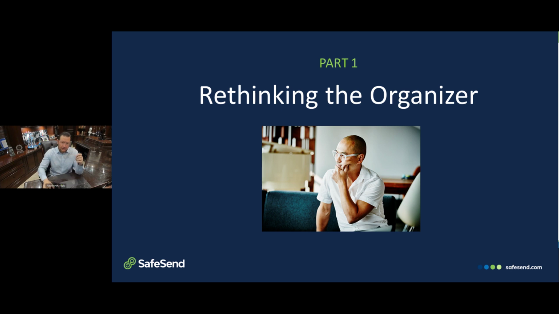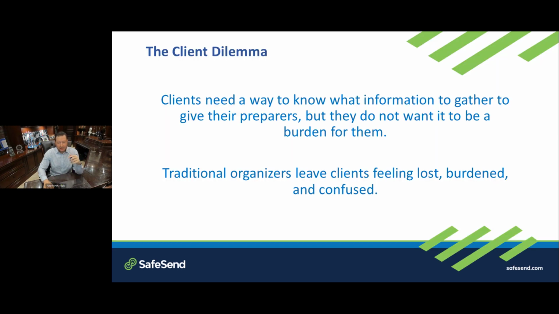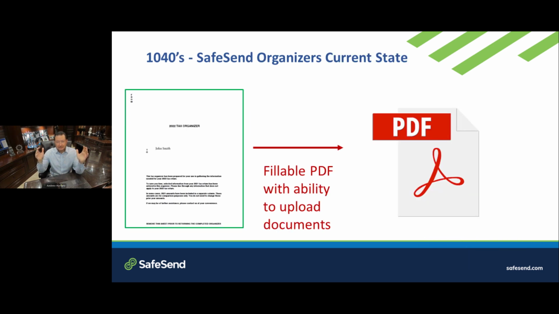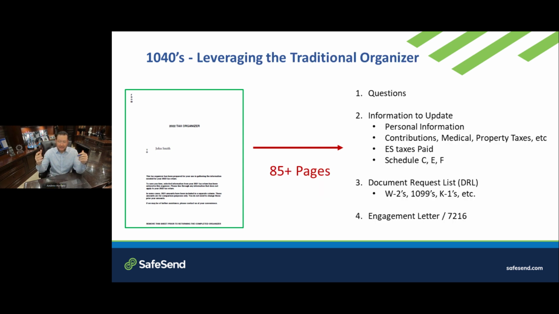And then step two is really what I think we're going to see over the next X number of years, what these organizers kind of turn into. And that's being able to really take these big, bulky PDF files that we send out today, whether they're fillable or not. Even if you move to getting these into a fillable electronic form, you just have big, heavy content, 85 plus pages.